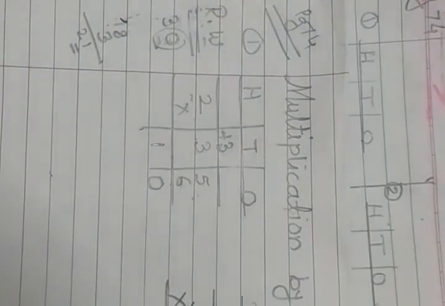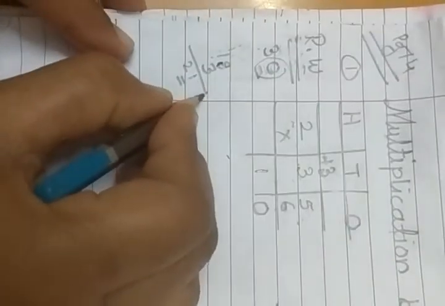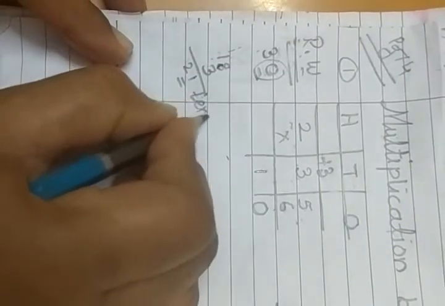So 21. Now 21's 1, which is at the ones place, goes in tens. This 21 means 21 tens.